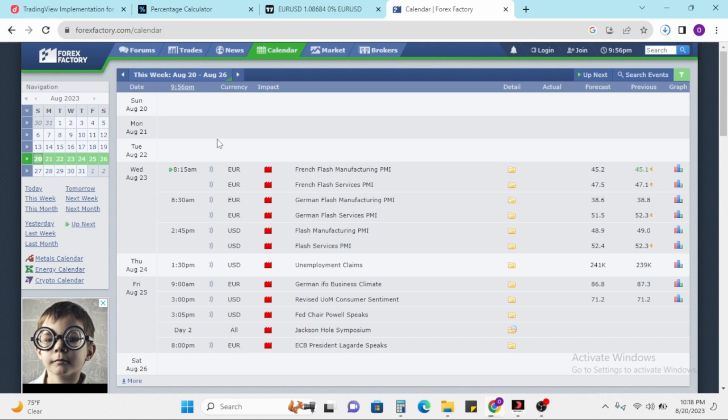So on Thursday also, 1:30 p.m., we have the USD news, unemployment claims, and on Friday also it is all packed. 9 a.m., 3 p.m., 5 p.m., 8 p.m. It is just going to be a messed up day. You understand? Being the last Friday of the month, I guess.